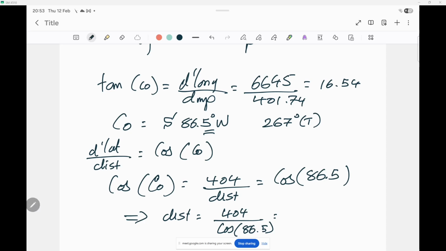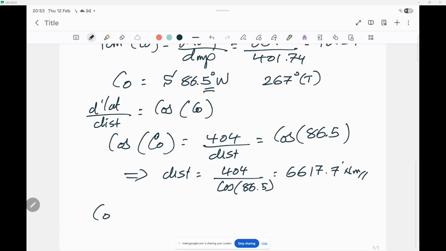It's very large. So the distance is 6,617 decimal 7 nautical miles.